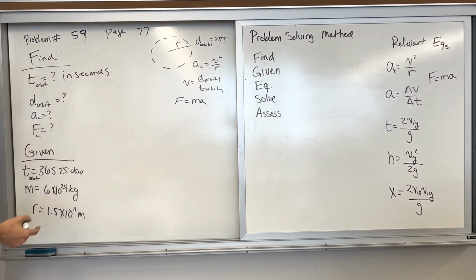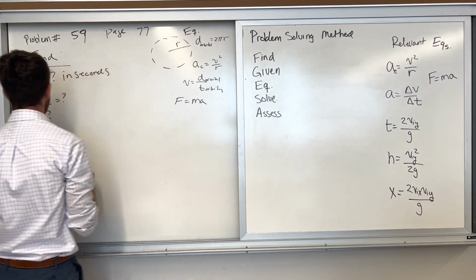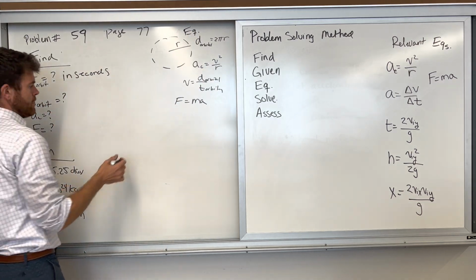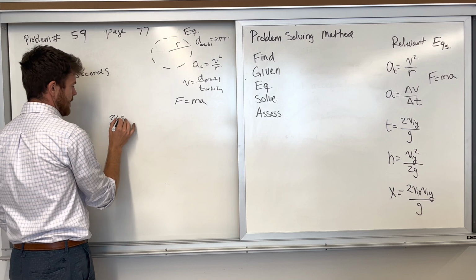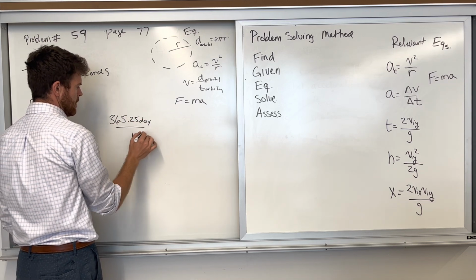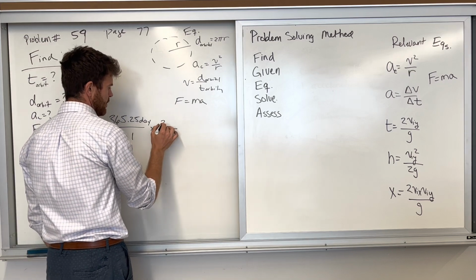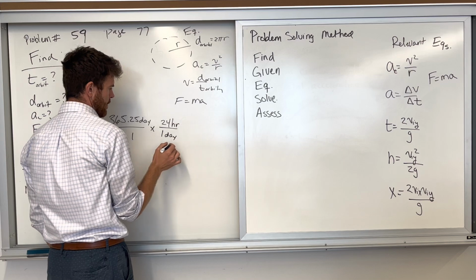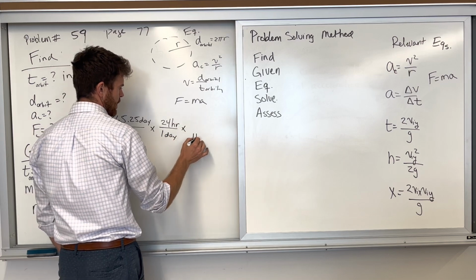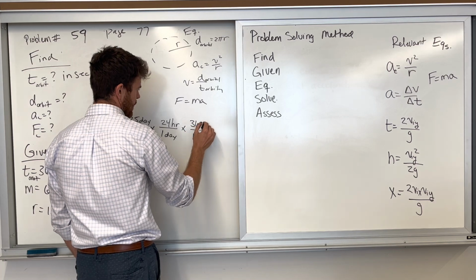So let's first do this conversion. 365.25 days. Okay, so 1 day is equivalent to 24 hours. 1 hour is equivalent to 3,600 seconds.